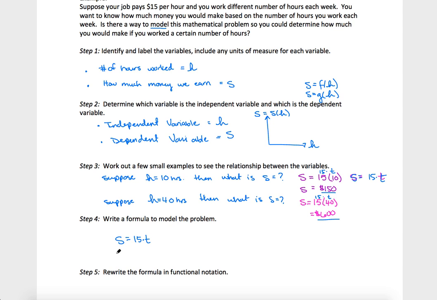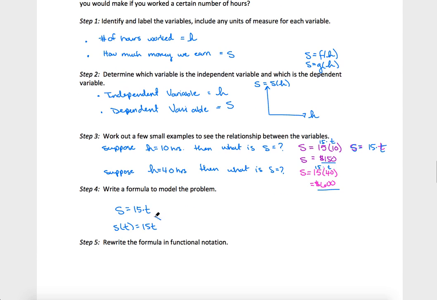Or if we want to rewrite this using functional notation, I can say that S of T is equal to 15 times T. So we get a really beautiful formula, and actually this is the answer to step 5. I take my function and I rewrite it using functional notation.